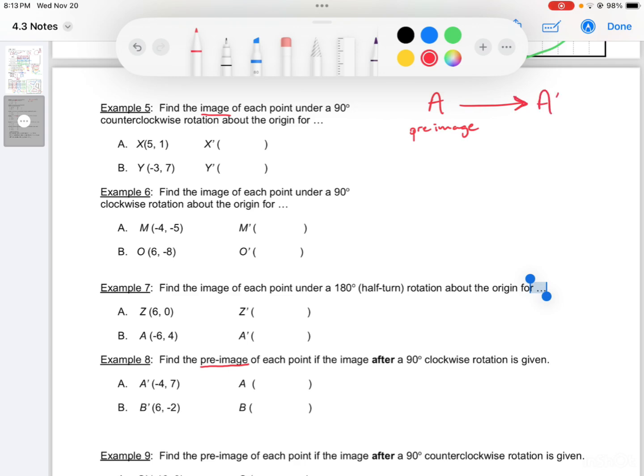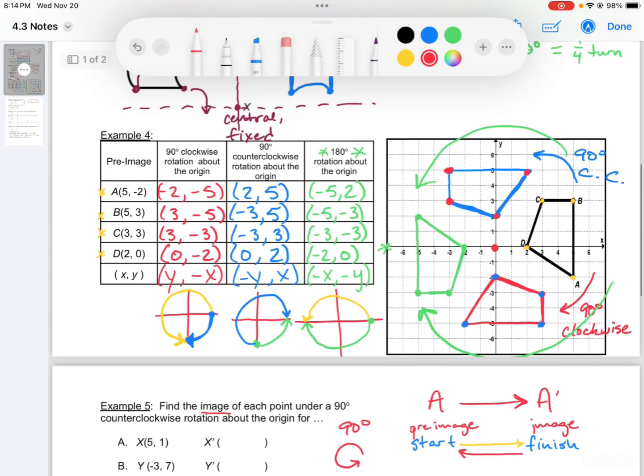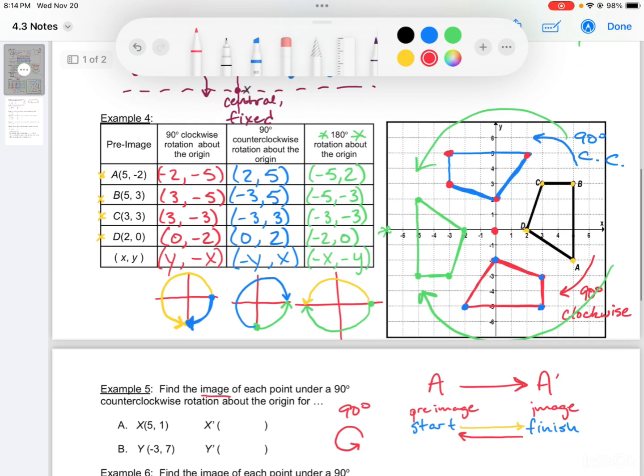Then you apply some rules to that, and you get your letter prime, which is called your image. So this is where you start, this is where you finish, and you need to be paying attention to whether you are going from start to finish, or they are giving you the finish and you are trying to figure out where you started. When we're looking for the image, we're going from start to finish, and we're trying to rotate it 90 degrees counterclockwise.